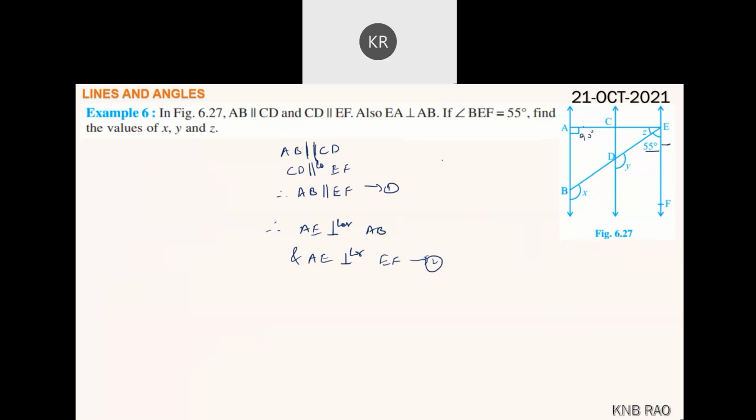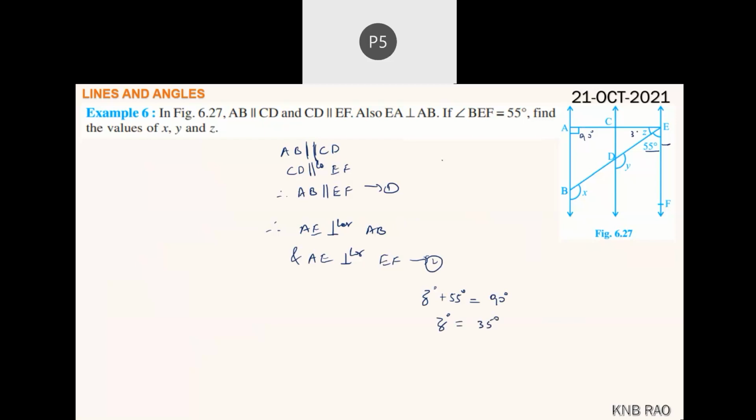If EF, AB, AE are perpendicular to each other, then angle z plus 55 degrees should equal 90 degrees. So z equals 35 degrees.